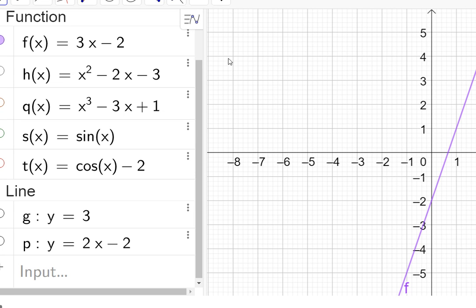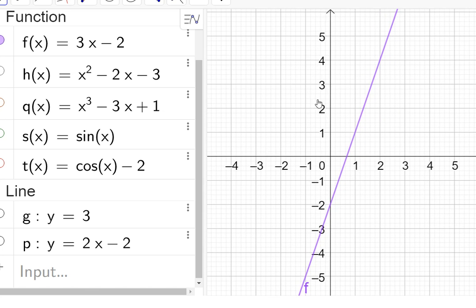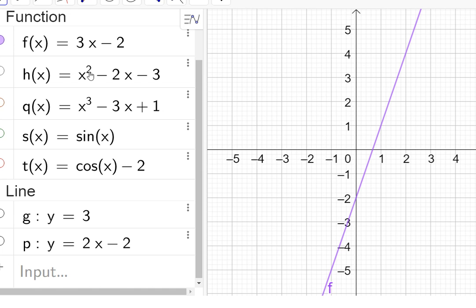So we have our function, f of x is equal to 3x minus 2, which was the function that we started with. And that is our purple line here. I'm going to move this over a little bit so we can see it a touch easier. And then our derivative function, if we graphed it, would be y is equal to 3.